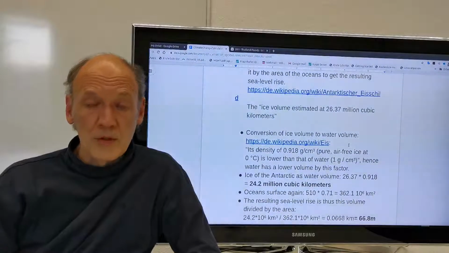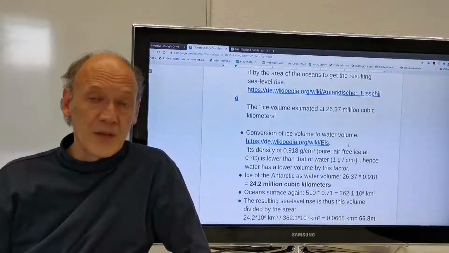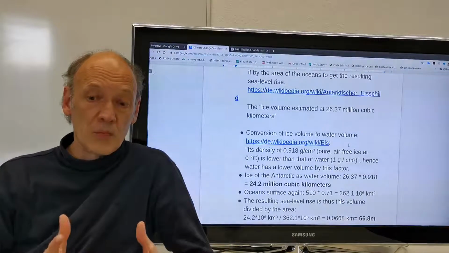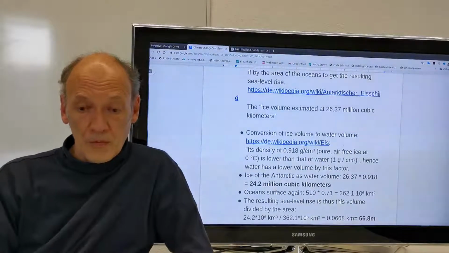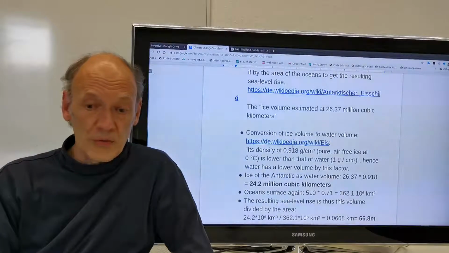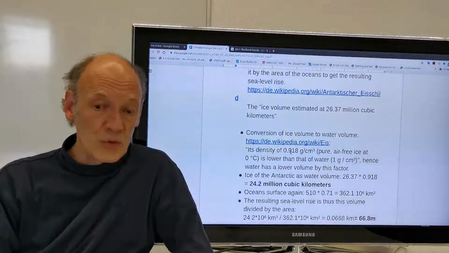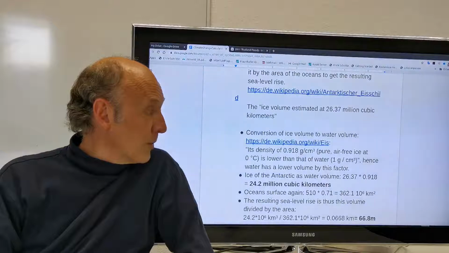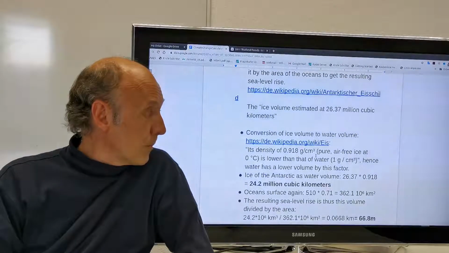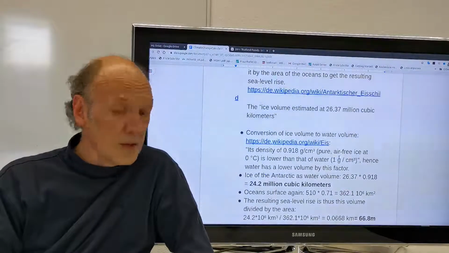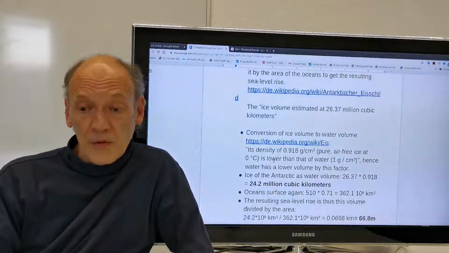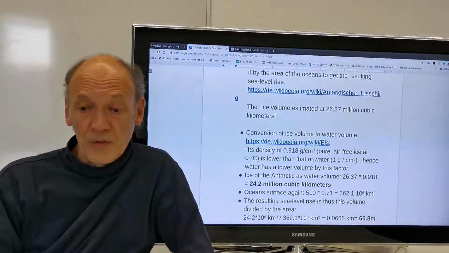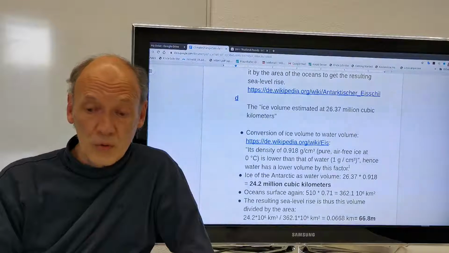Then we need to take into account that ice has a larger volume than the melted water. So we can look at the density. The density of ice is 0.918 grams per cubic centimeter, which is the densest ice. And this density is lower than that of water, which is 1 gram per cubic centimeter.